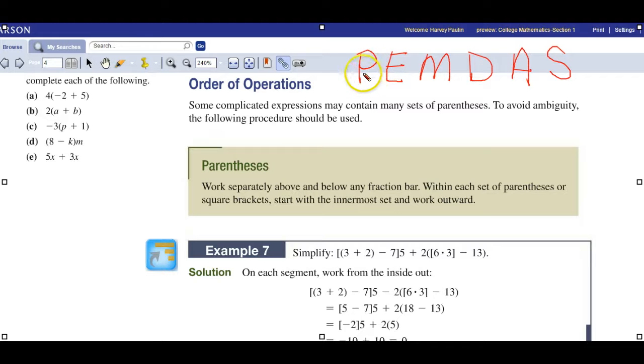So you do whatever is in the parentheses or grouping symbols first, then the exponents. These are sort of done first.